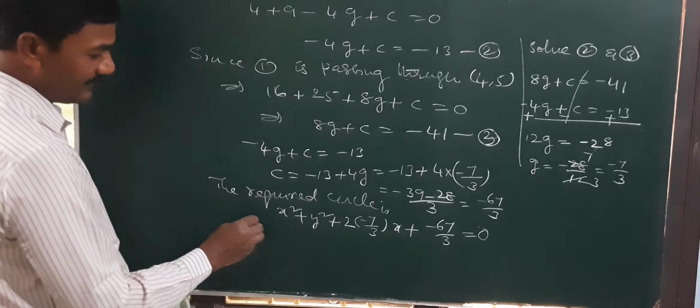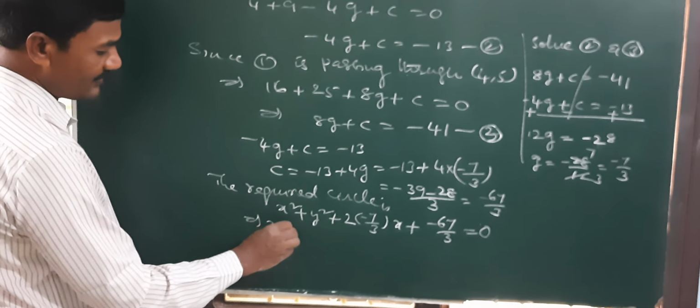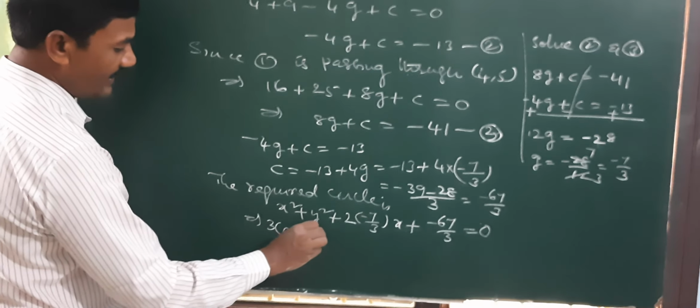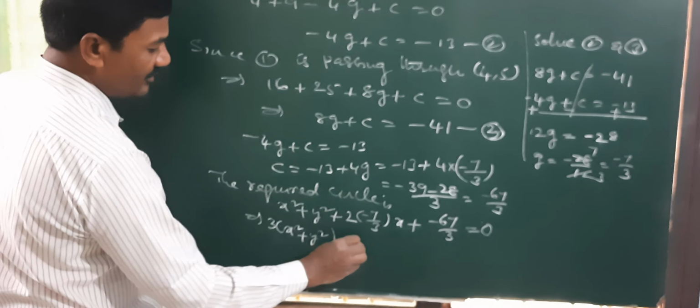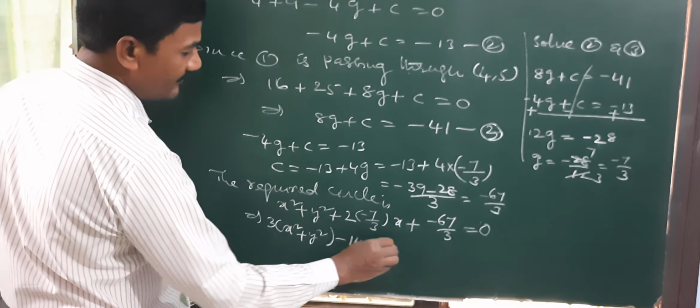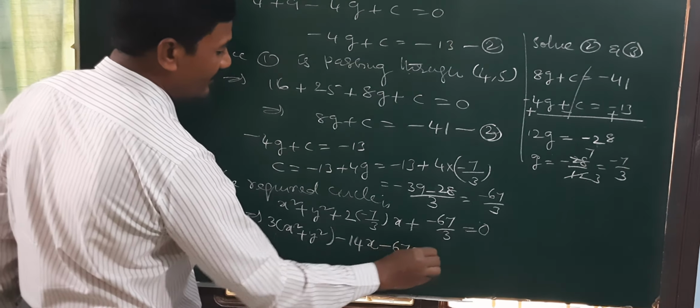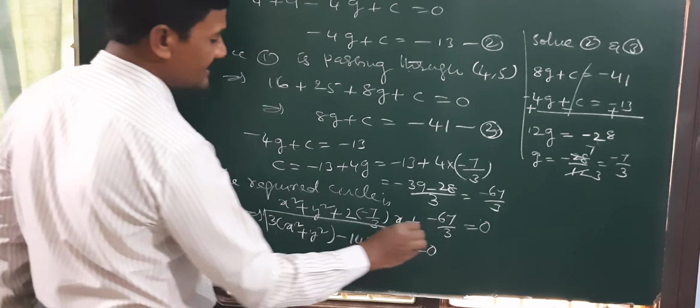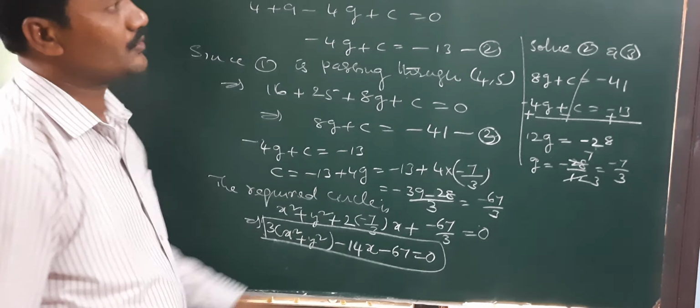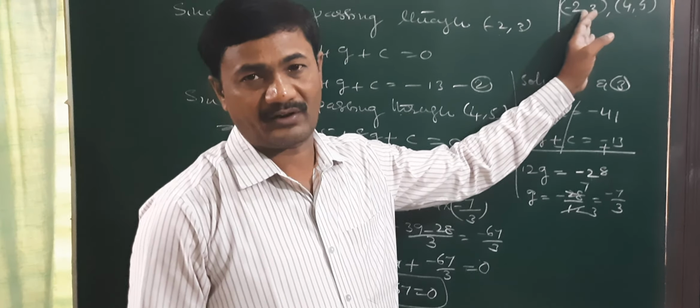We can multiply by 3: 3 times (x square plus y square) minus 14x minus 67 is equal to 0, which is the required equation of the circle passing through 2 points and whose center is on the x-axis only.